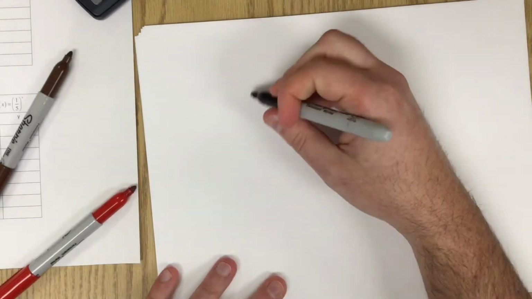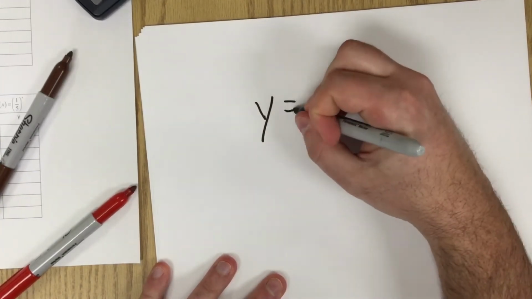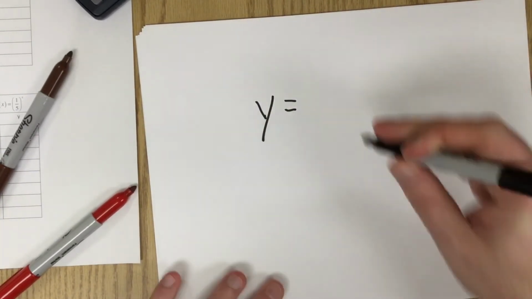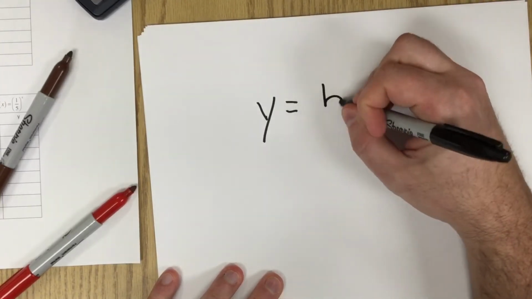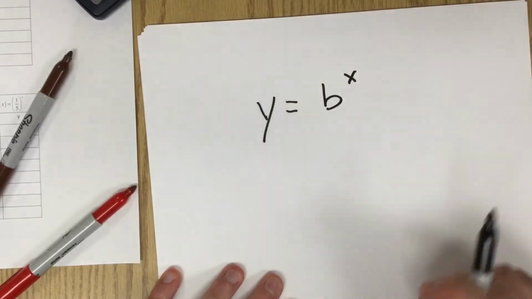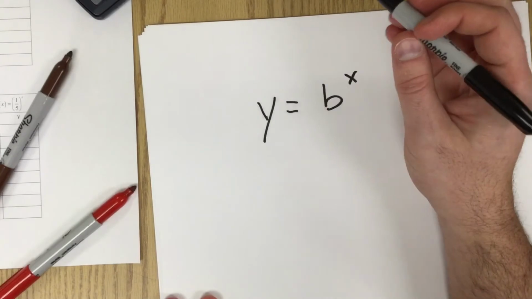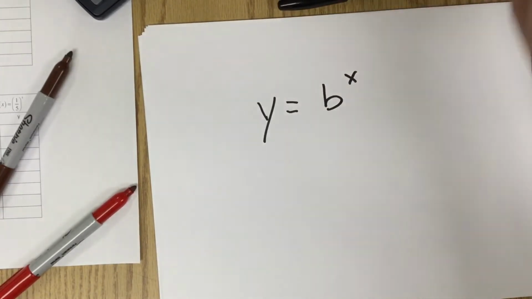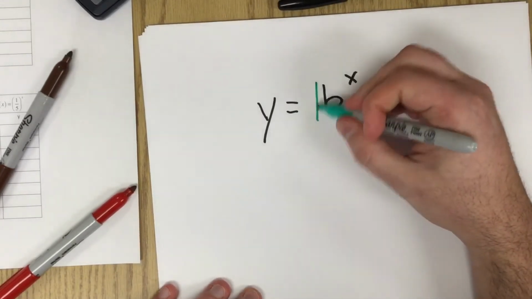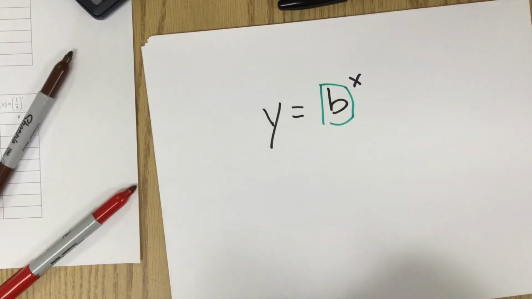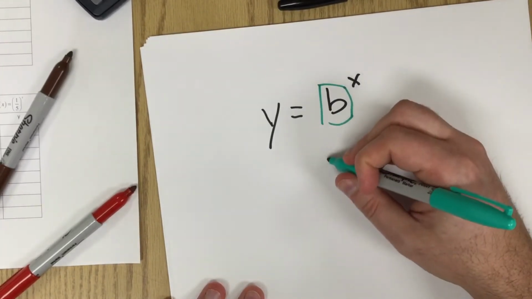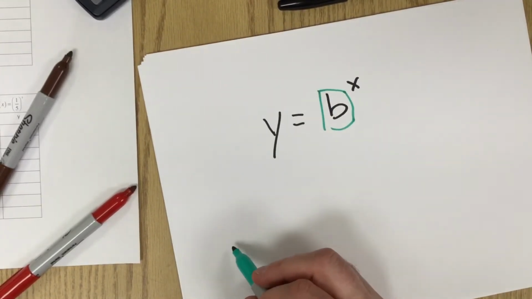So if I was going to summarize, the equation of an exponent is generally of the form y equals b to the x. There's going to be other stuff coming in, but for now we're just going to say y equals b to the x, where b is some base. Let's do a number line.